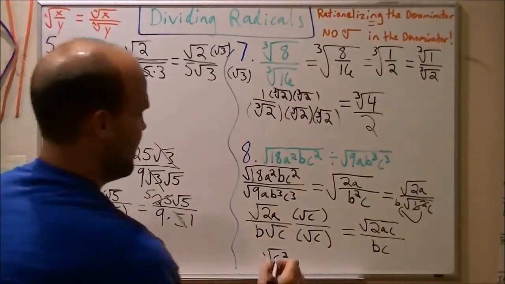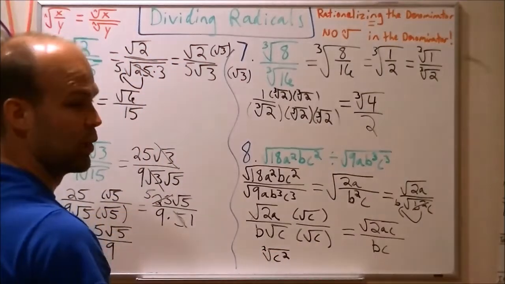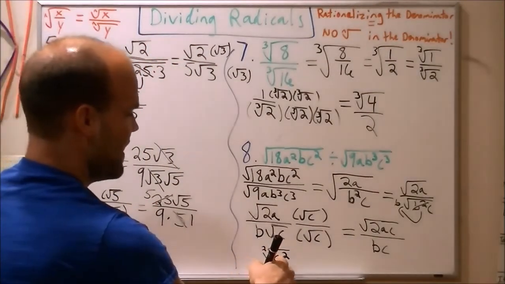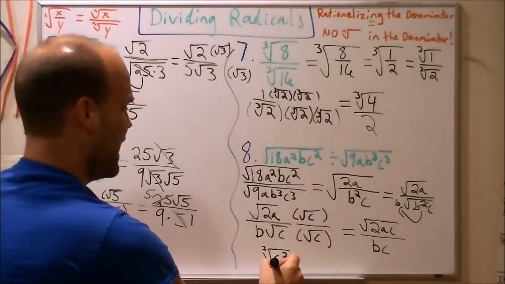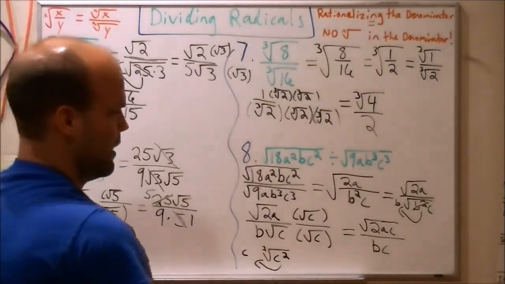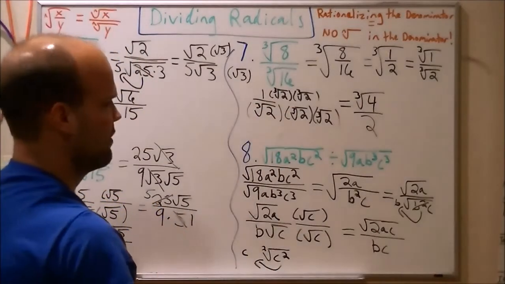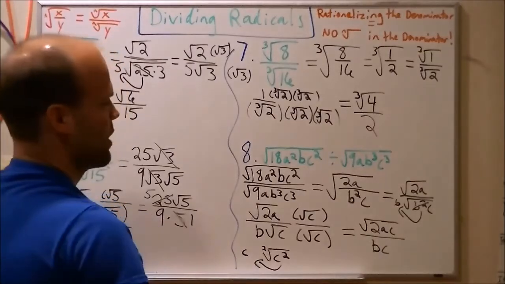And since the root is understood to be a 2, I can divide that into the exponent and pull out c to the first power. And that's why I can just drop the square root symbol, just like I did with all the numbers, I do the same thing with variables.